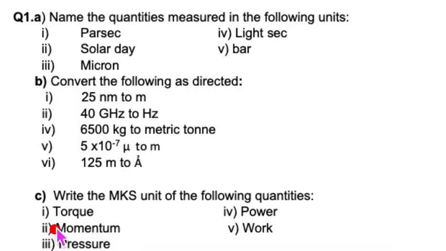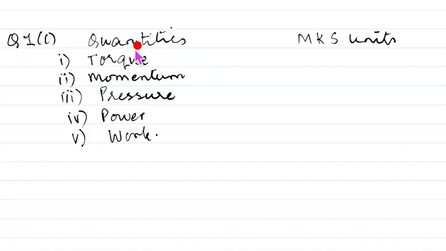Question 1c. Write the MKS unit for the following quantities: torque, momentum, pressure, power, work. So here we have made the table, with quantities and the MKS units. Now torque, the turning effect, is Newton meter.